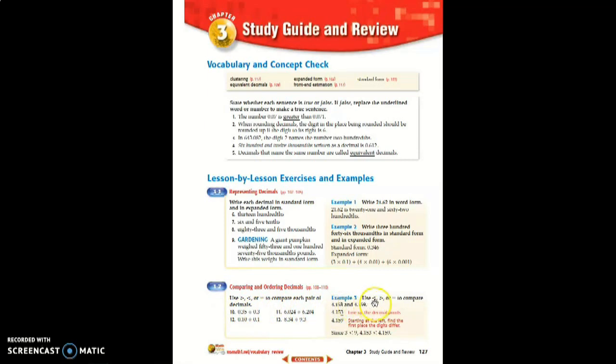Use less than or greater than to compare 4.153 and 4.159. 3 is less than 9, so 4.153 is less than 4.159.